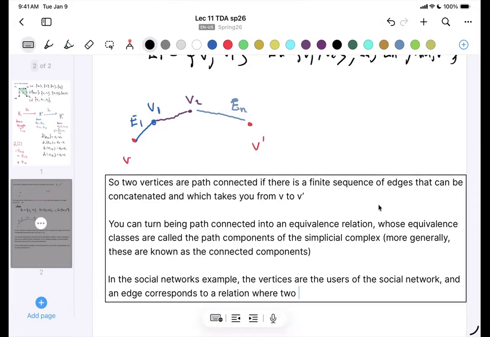Let's say, just to make it symmetric more clearly, where they're mutually following each other.